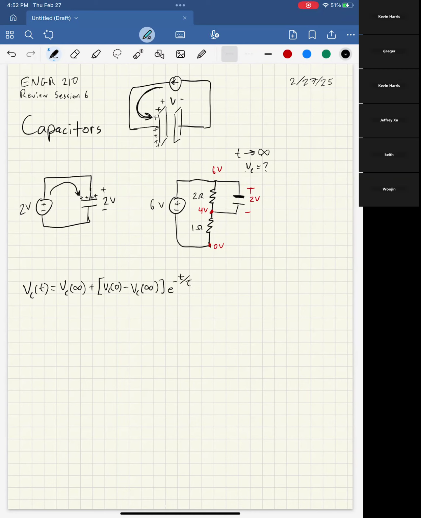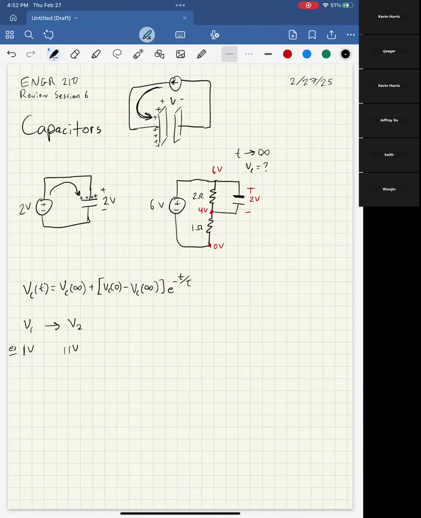What this is saying is that if I have a capacitor that starts at V1 and then goes to V2, where V1 would be at time equals 0, let's say this is 1 volt in this example, and it goes to 11 volts.